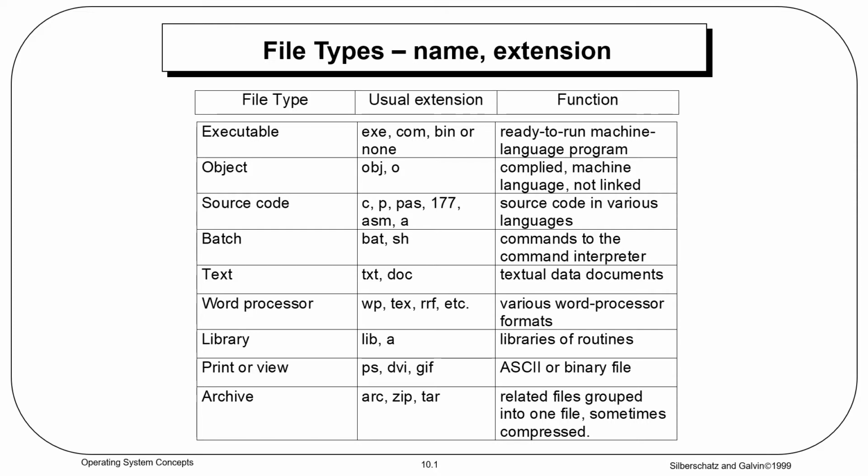The name is split into two parts, a name and an extension, usually separated by a period, a dot. The dot is also considered a character. In this way, the user and the operating system can tell from the name alone what the type of file is. What is the meaning of this? The file name is separated as name dot extension.